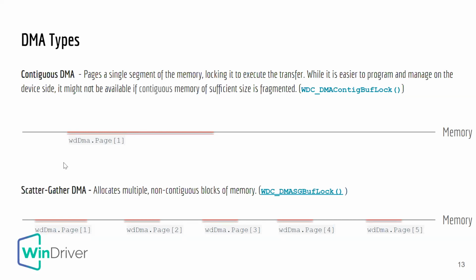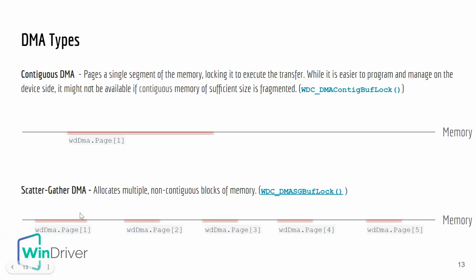So the second type of DMA is scatter-gather, or SG, which means allocating multiple non-contiguous blocks of memory. So if we don't want to be dependent on a specific buffer segment, a memory section for our buffer, then we can implement scatter-gather DMA.